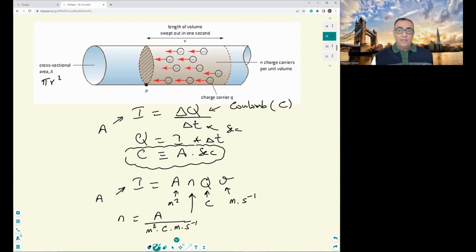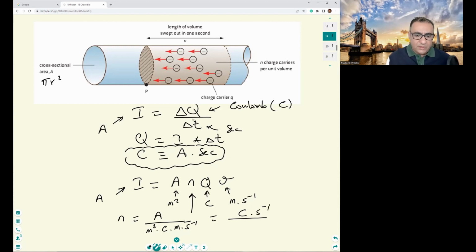But then we can express ampere as Coulomb per second, from the formula I equals delta Q over delta T. So I can replace ampere by Coulomb per second, or Coulomb second minus 1.